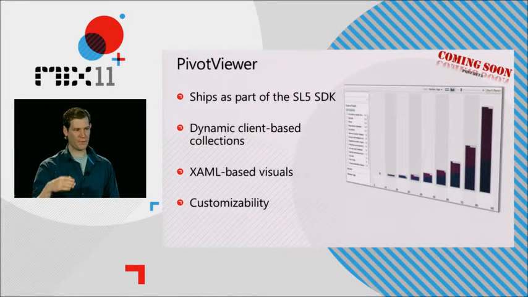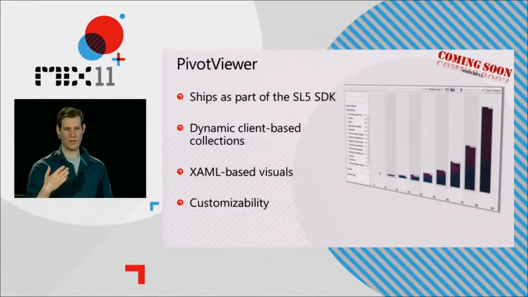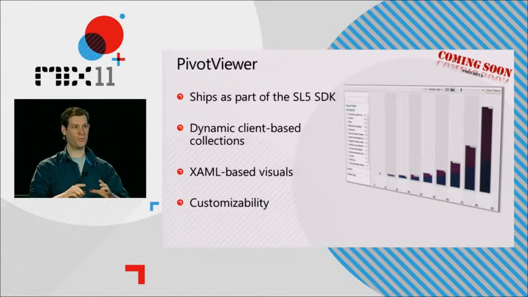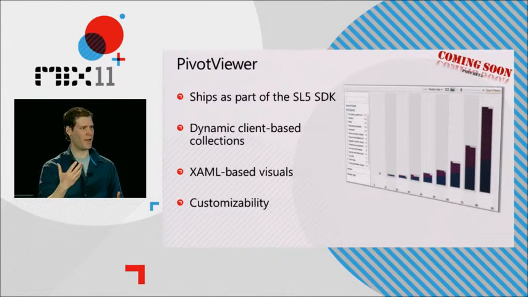We also have XAML-based visuals. In the first version of Pivot, the representation of each data point was a bitmap. It was a multi-scale, what's the class called? Multi-scale image, the deep zoom. And that was great as long as you had lots and lots of bitmaps. If you didn't have lots of bitmaps, your data wasn't really bitmap-based.